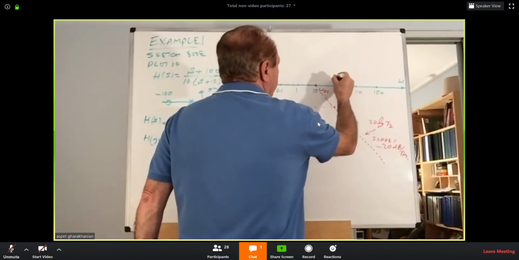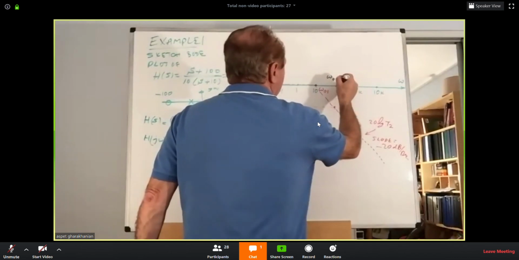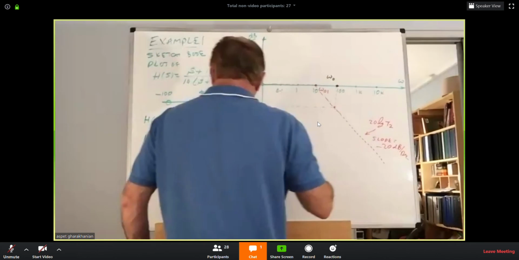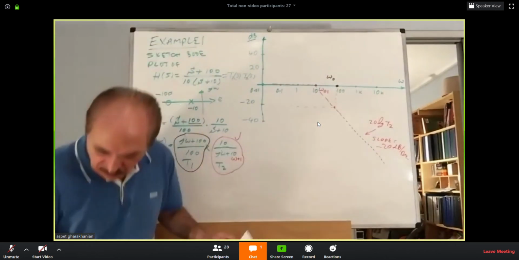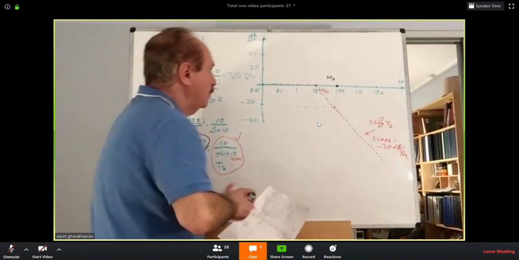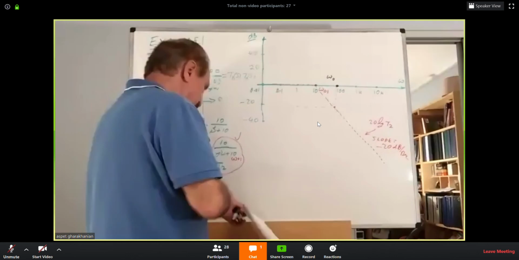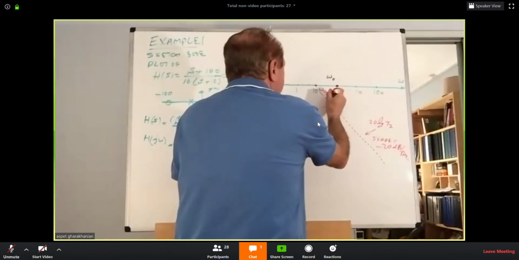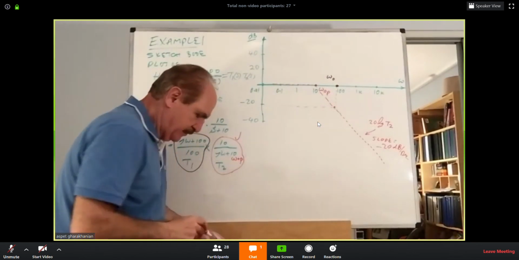This is the omega O of, let's call it, you know what? I'm going to call this omega O of P for pole.